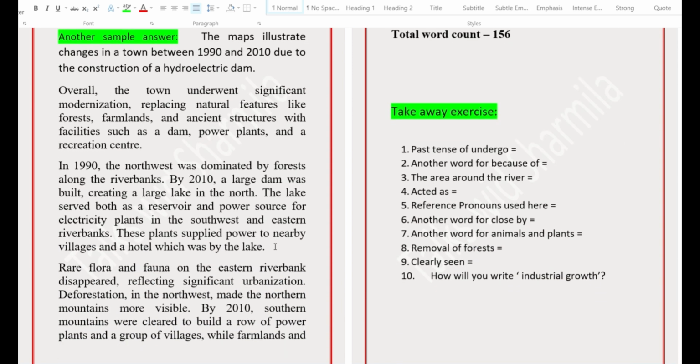And at the end of the session, this is the most important part, which is a takeaway exercise. What have you learned from the session so far? I will be asking you these 10 simple questions and you should be quick enough to post your answers. Hope as I am excited, so are you.